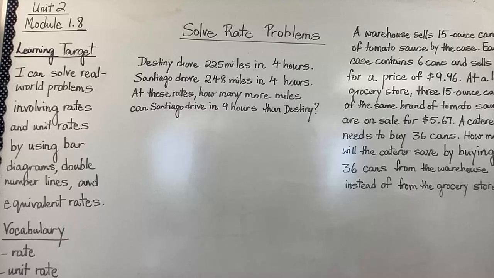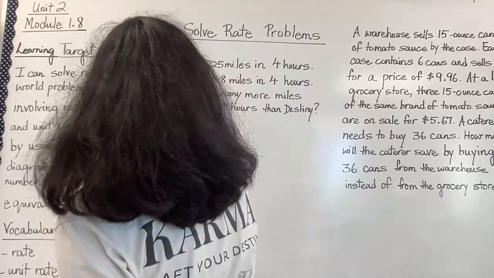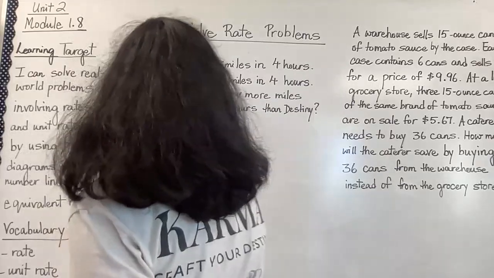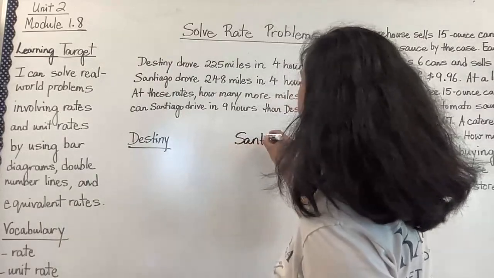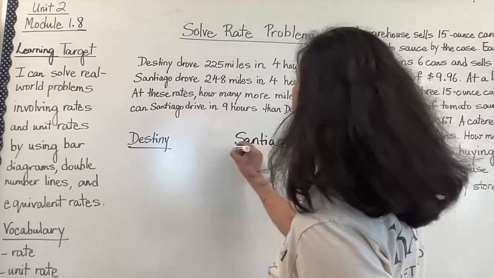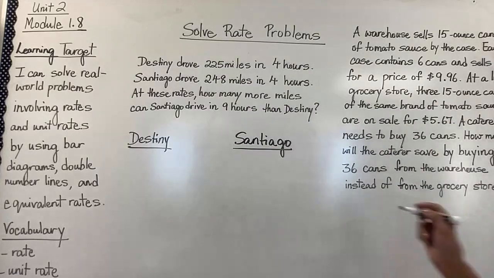So I'm going to draw two bar diagrams, okay? One is for Destiny, and the other one is for Santiago, okay? So, two diagrams, and we're talking about 4 hours.